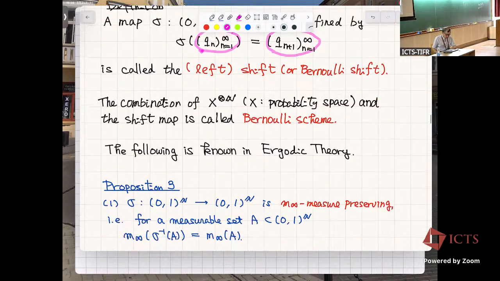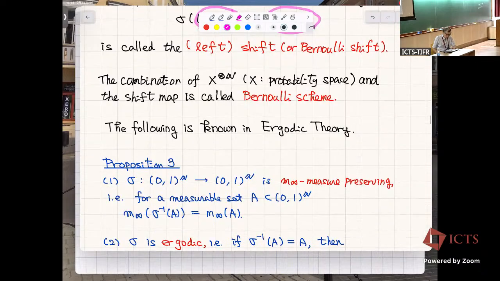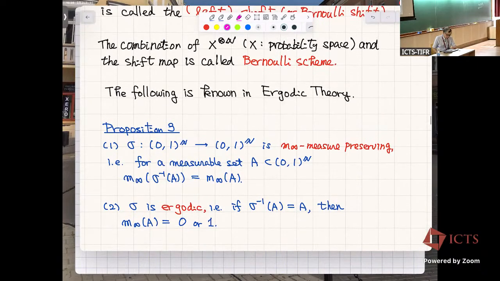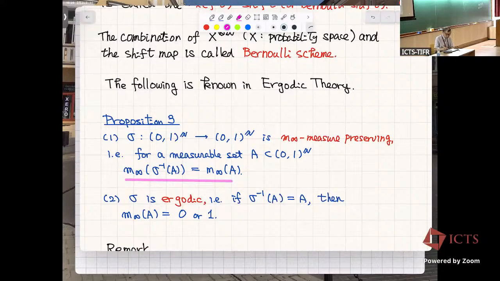It is known from ergodic theory that this mapping is measure preserving, and also the action is ergodic. That is, if a set A is invariant, then its measure is 0 or 1, where capital A is some measurable set.